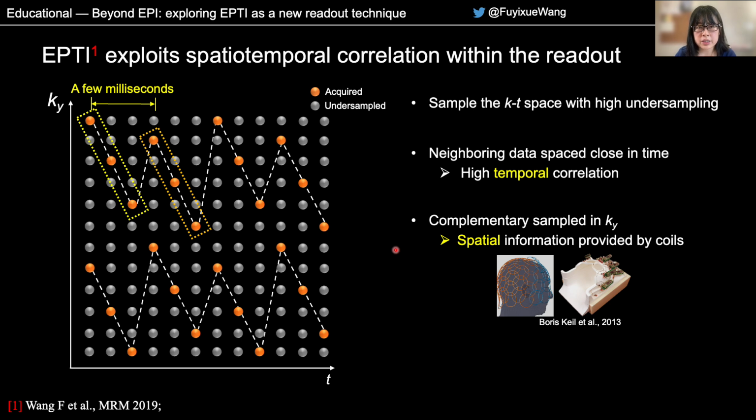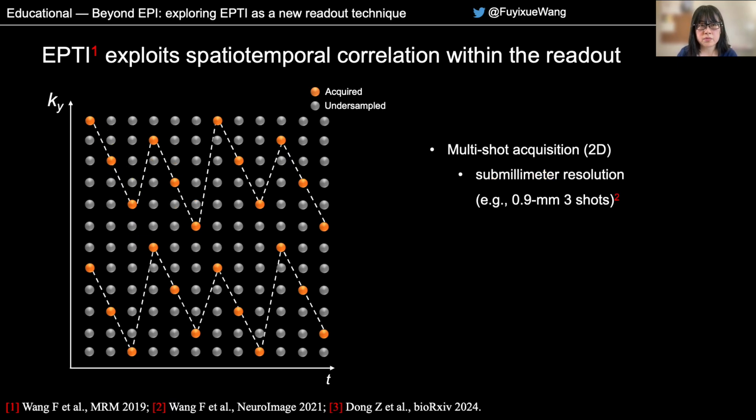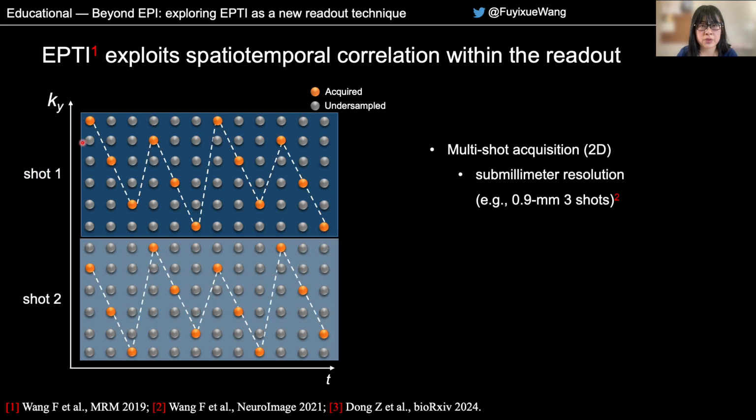In addition, EPTI can be combined with SMS by extending the spatial temporal correlation to KZ together with the multi-band excitation to achieve shorter TR. This spatial temporal encoding pattern can be sampled in a multi-shot manner, where each shot covers a segment of the KT space with a zigzag trajectory that requires only small gradient blips and leads to small dead time and eddy current changes.